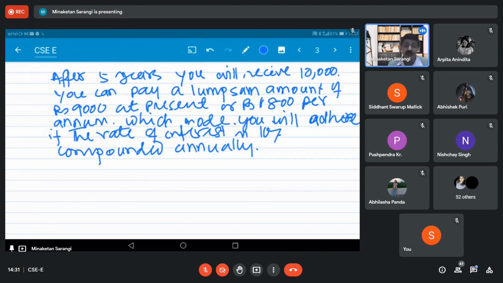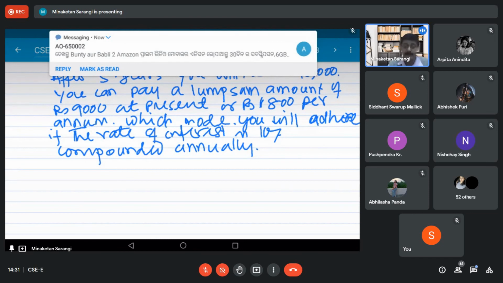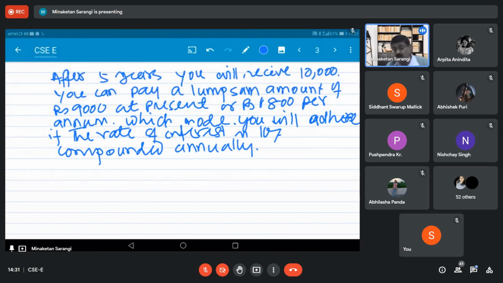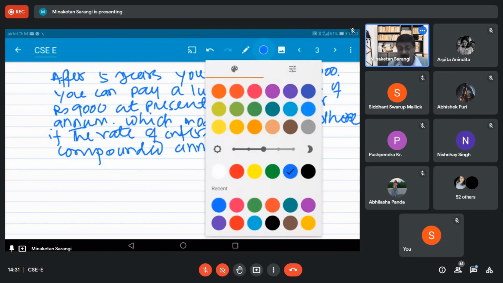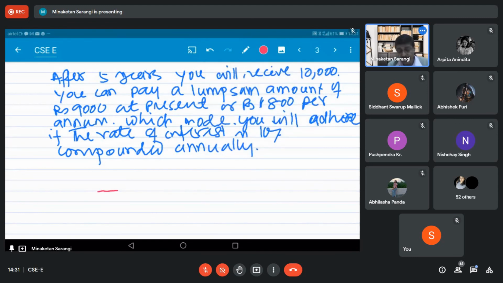Now, how do we proceed? If I put it in a timeline, this is my timeline. I am to receive 10,000 rupees after 5 years. This is 1, 2, 3, 4, and this is 5.